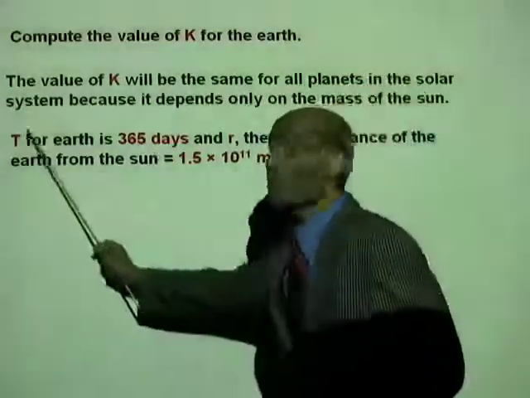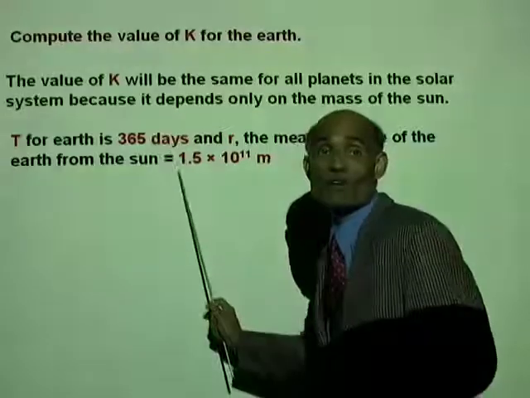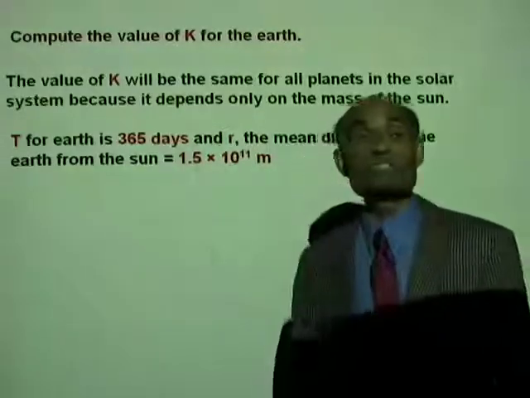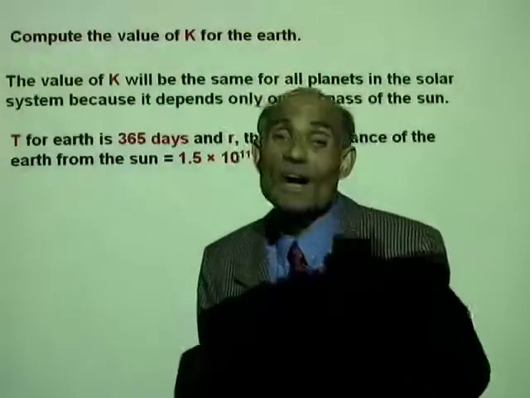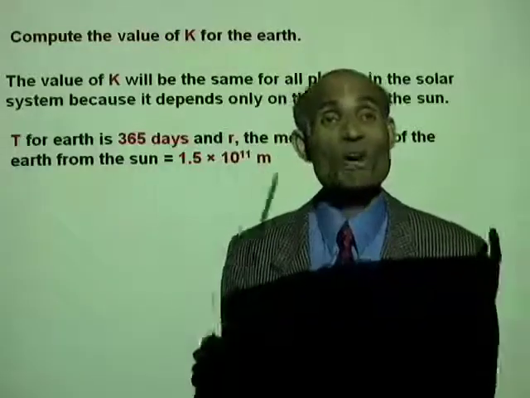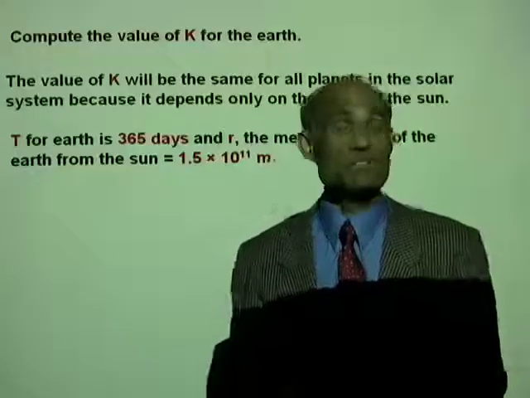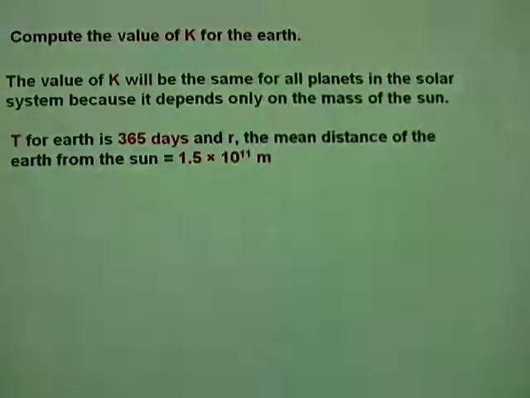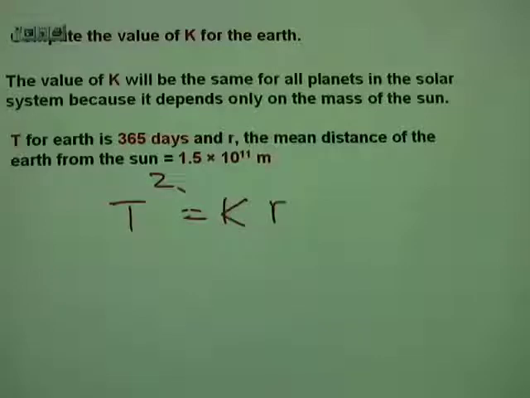So, we know the period of the Earth, we know the average distance of the Earth from the Sun. So, can you calculate k for Earth? You can calculate it from this equation right away. We know that the square of the period equals k times the cube of the average distance of the planet.